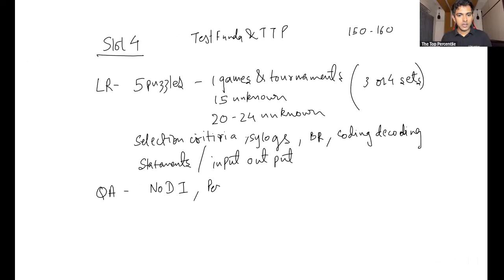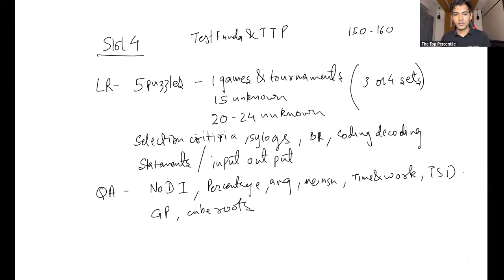Percentages, arithmetic, averages, mensuration, time and work, TSD, geometric progression, cube roots. Okay, a lot of these questions were solvable in 15 seconds orally if you had known the concept. Okay, very simple, that means. So verdict is that this is also easy.